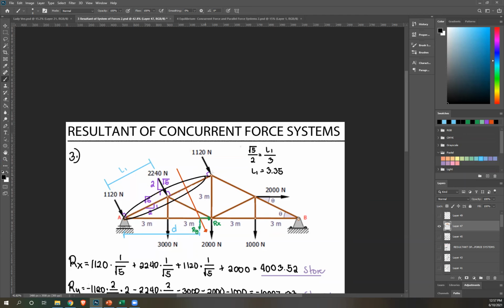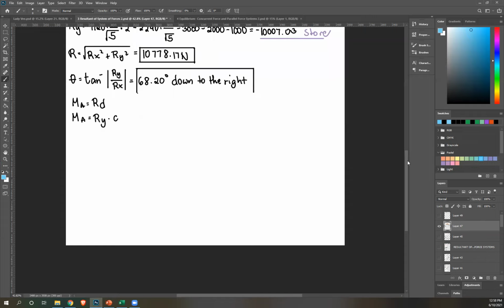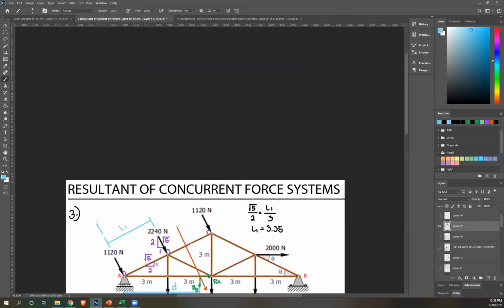We're gonna do the same thing here. However, take note, you can just multiply this by 2 to get the perpendicular distance of 1120 from A. Or if you want, you can also again use ratio and proportion, considering this large right triangle. This is our L2, the entire span.